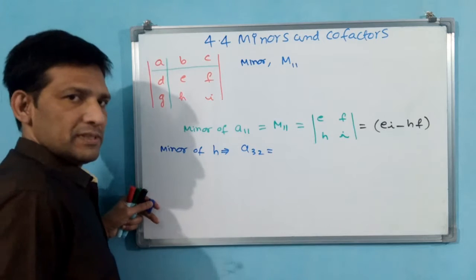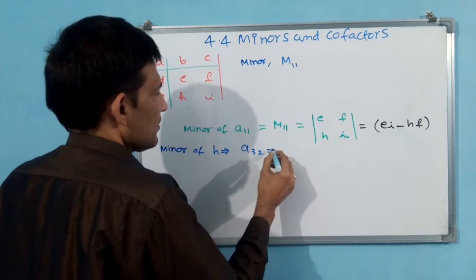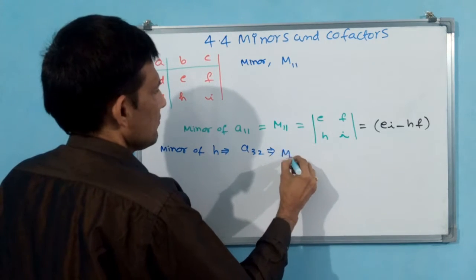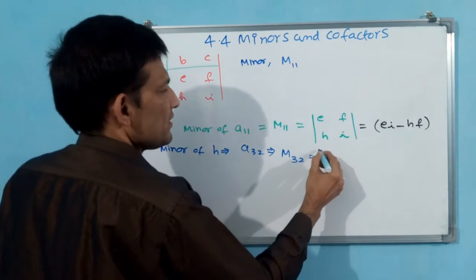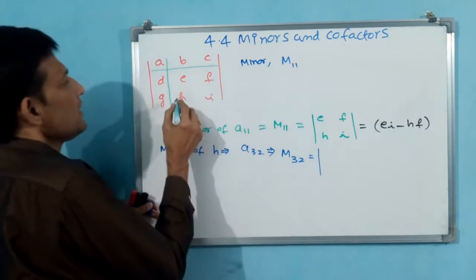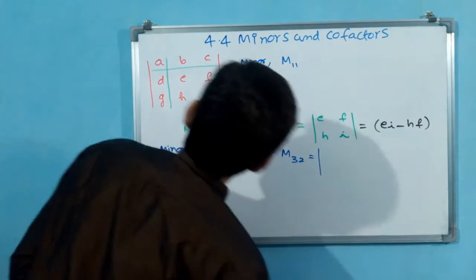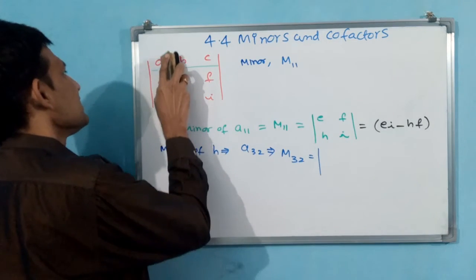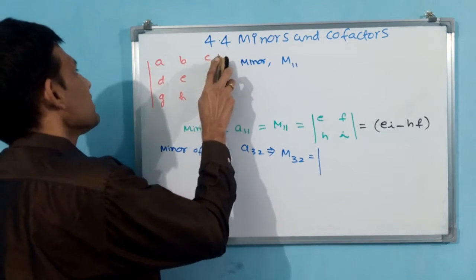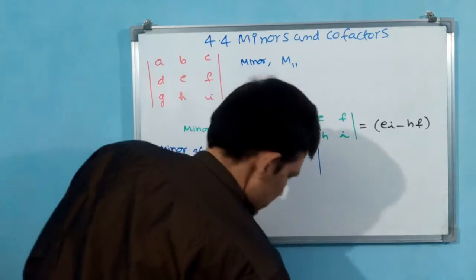M32 is equal to. Now you see, I am closing this, like earlier, all we have done this. That is why I am saying we have done this, but we were not naming it.